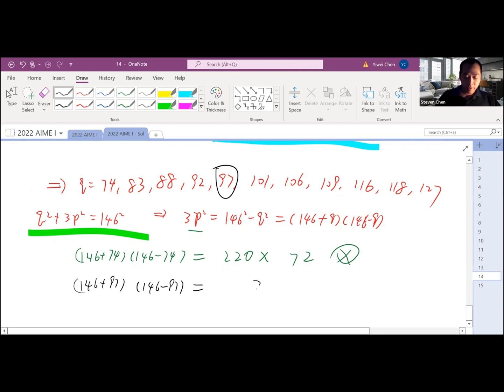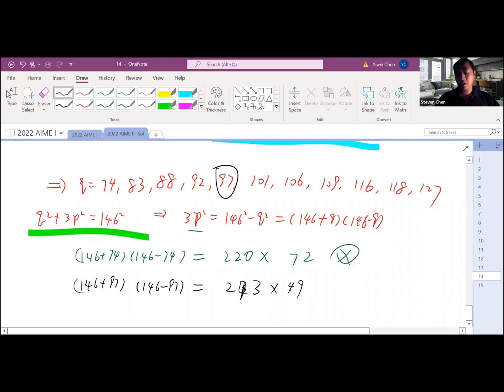So the first term seems to be equal to this one. The second term is... oh, it's my bad.